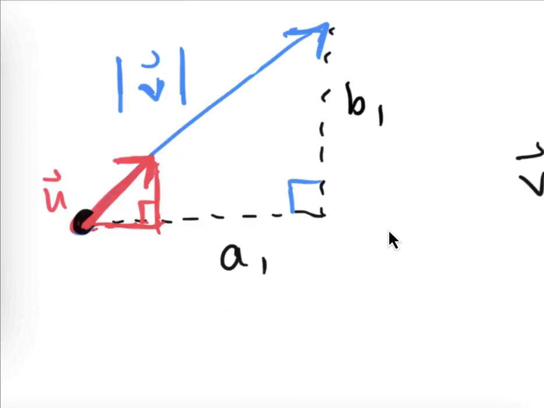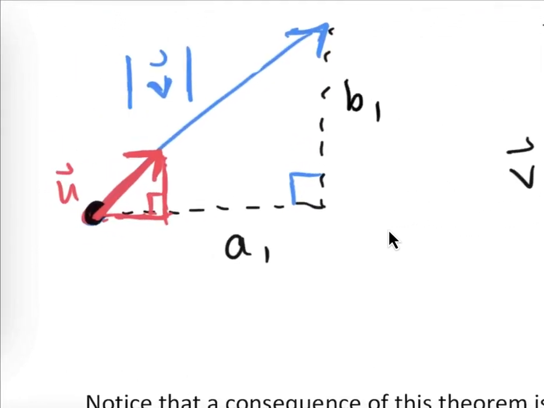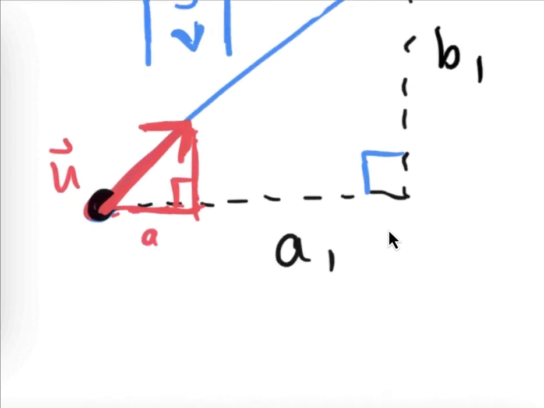So if vector v has components a1 and b1, and we see that written in position form, those are the components, then vector u would have legs that are sized a1 divided by mag v, and b1 divided by mag v, and then the hypotenuse side would just be 1, which is mag v divided by mag v.